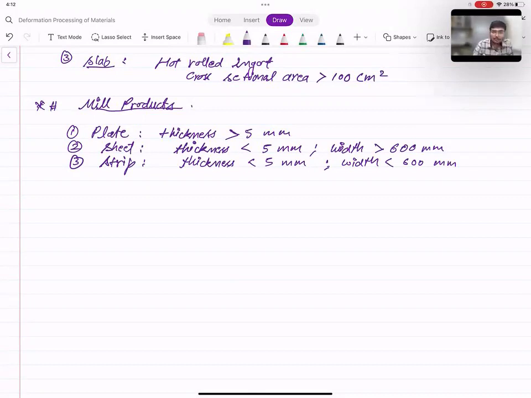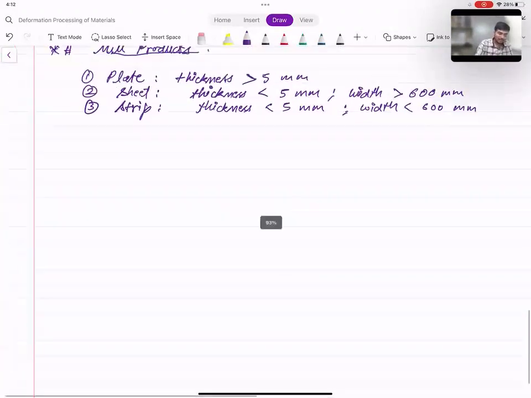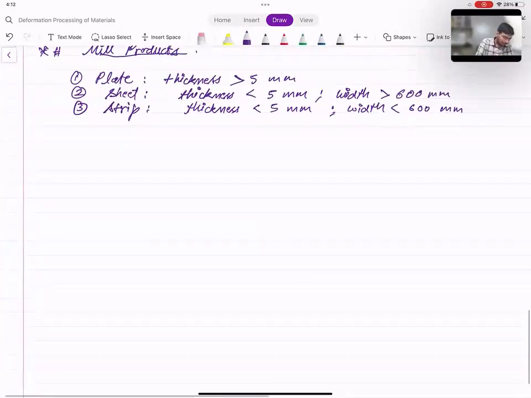Now let us see what type of deformations can occur in materials or metals during the deformation process. One is elastic deformation. You might know this very well.